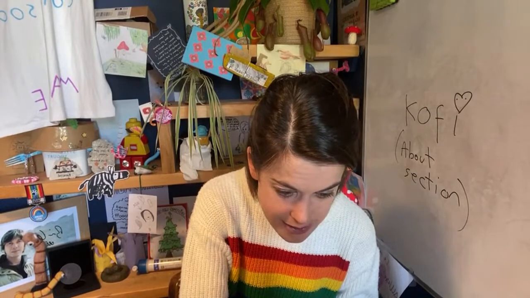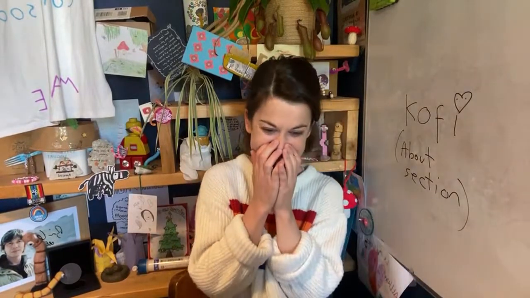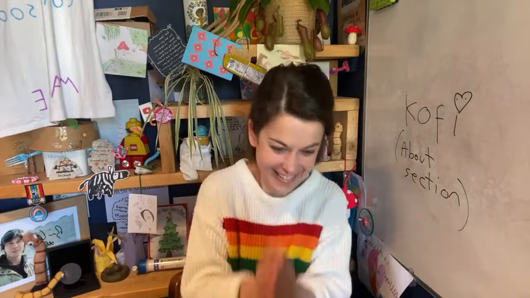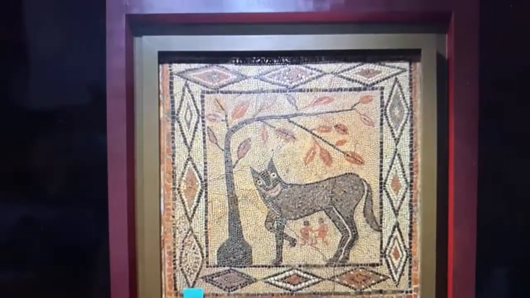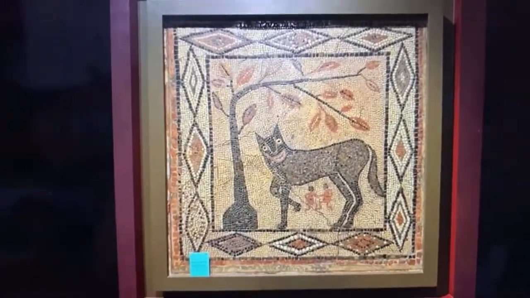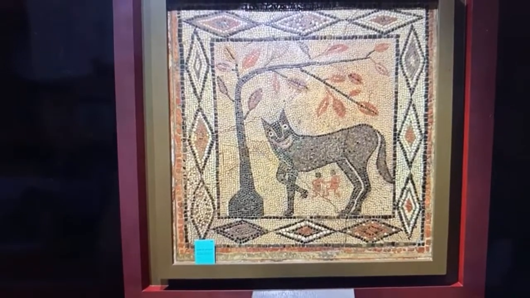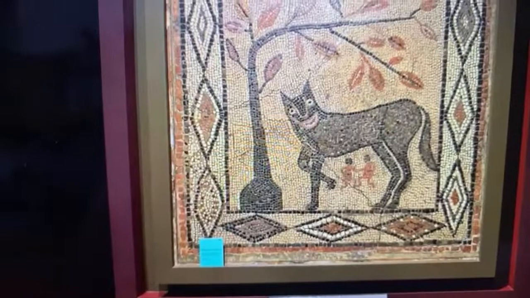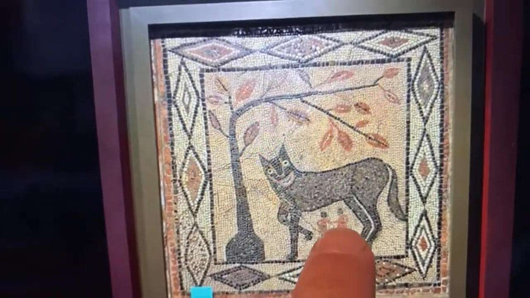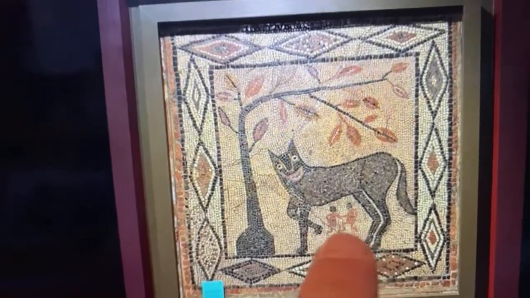No way. Is that the wolf that gave Romulus and Remus milk? Sorry, this is quite boring for people like Sophia. We did the Romans a couple of modules ago. And so this is an actual Roman mosaic. Magnus, that is so cool. So that's the wolf. Romulus and Remus apparently sort of founded Rome.